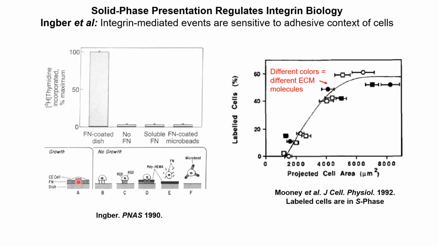Or he presented fibronectin in a soluble form where it could only bind at the top of cells, or on beads. And what you can see here is that the bioactivity of the fibronectin, as we went over before, depends on the surface it's presented from. It also depends on the cell's ability to exert tension.